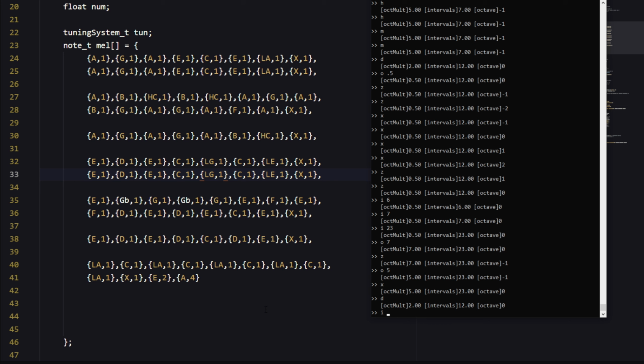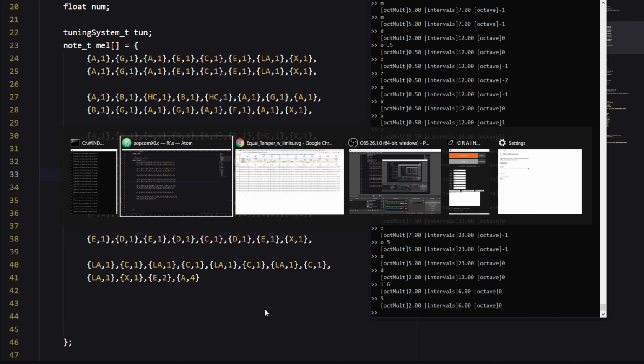So let's try something more extreme now, like let's start from 6 intervals. Down 5. So my melody is smaller and smaller.